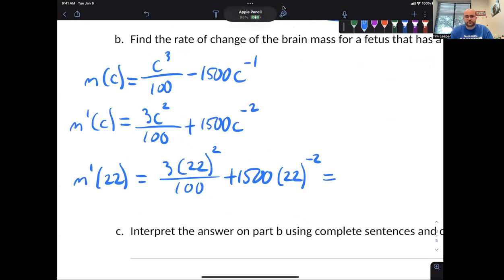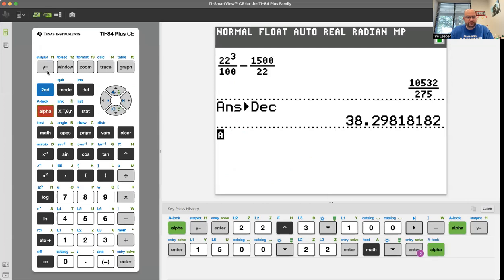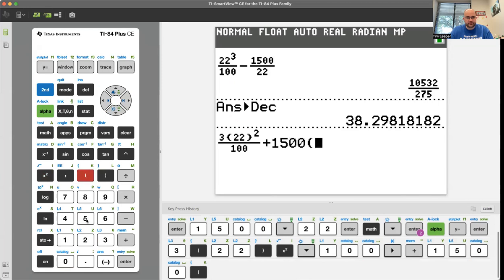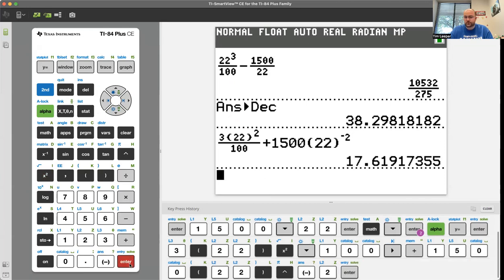So let's see what we got. Alpha y equals enter. We have 3 times 22 squared over 100, and then plus this time 1500 times 22 raised to the negative 2 power. And there we go.